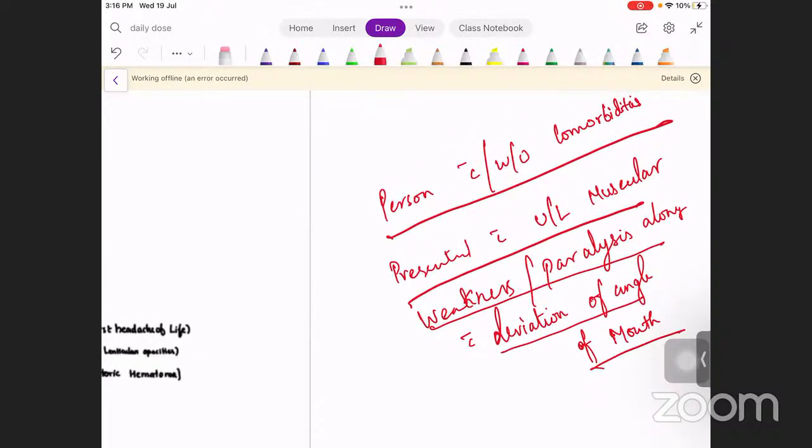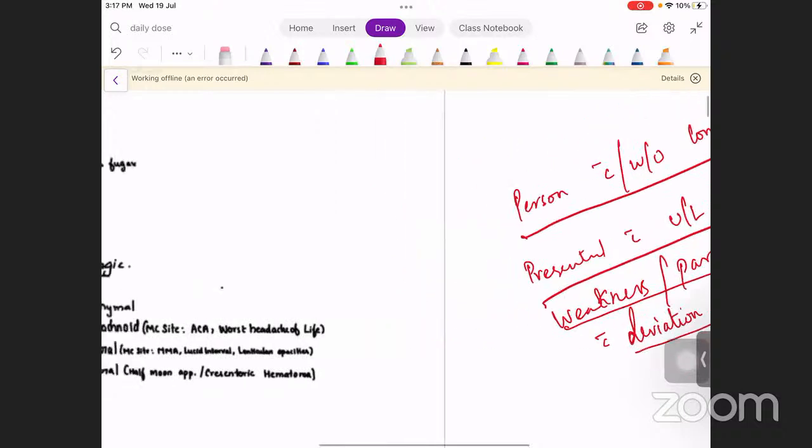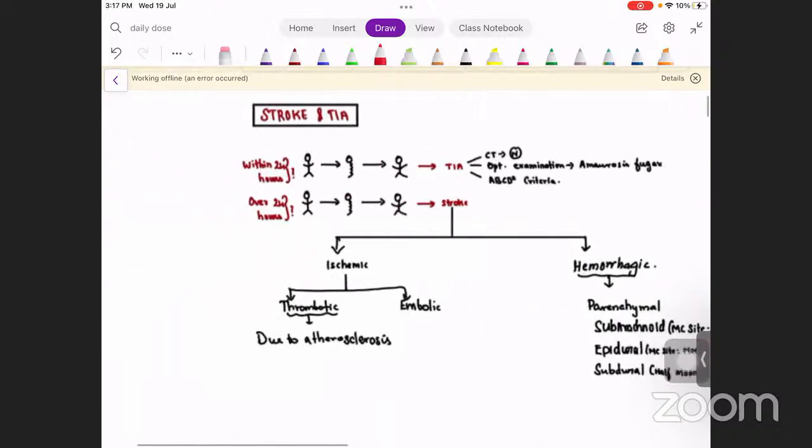That is the classical case scenario they may give you.